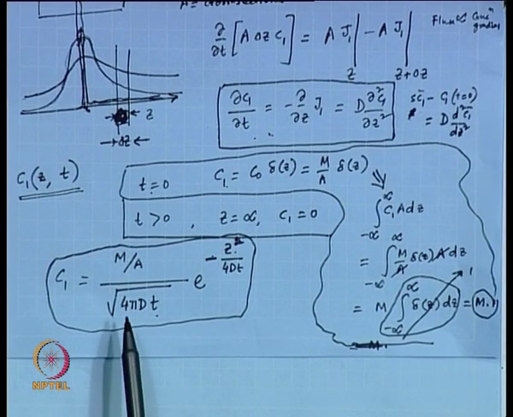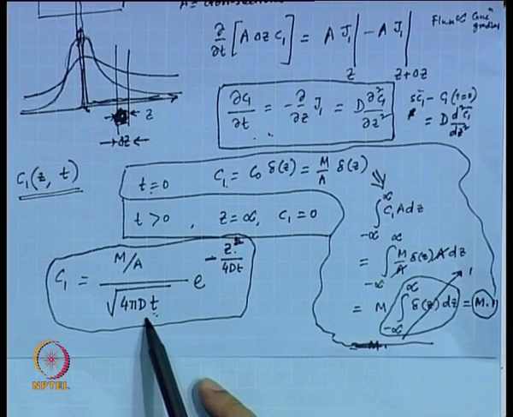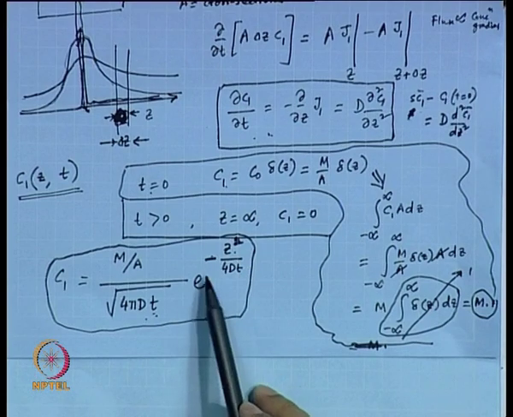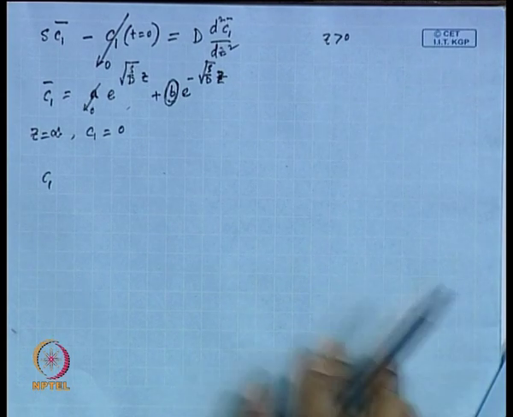You need to see that if D is more, then how would the concentration profile be. So, where all is D appearing? You should have some feel for it. D is appearing in the denominator, and D is also appearing in the denominator with this exponential term. These are some of the things which you can look into.